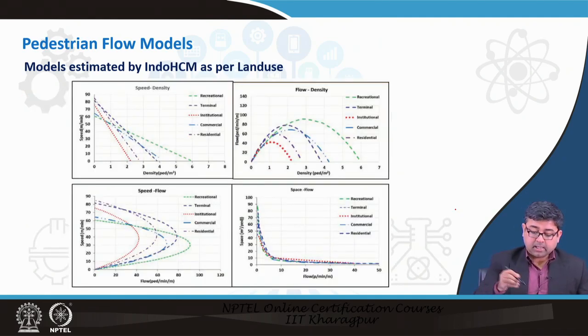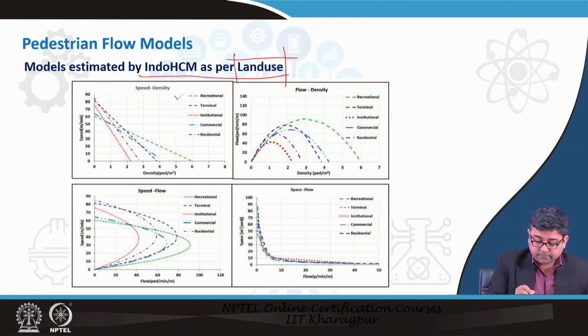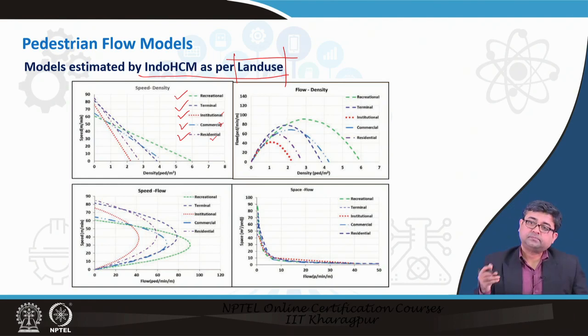Here our ENDO-HCM also develops different models for different types of land uses. There are 5 different land uses for which these models have been developed: recreational, terminal, institutional, commercial, and residential. When I say land use, it is the land use that is abutting this facility, or the land use that is containing this facility.